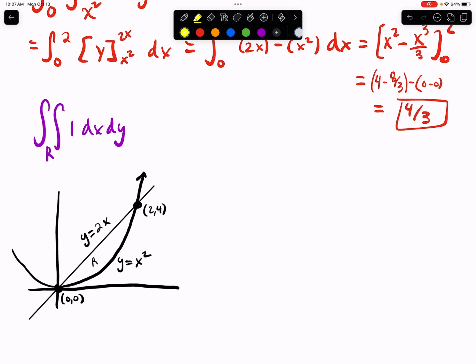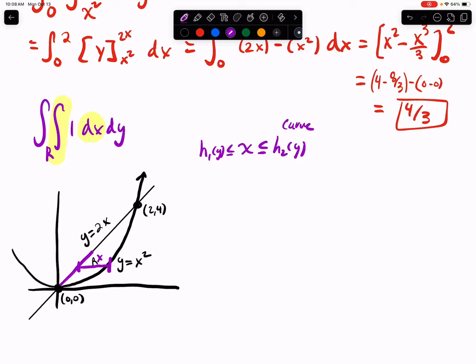Okay, so dx dy. So for dx, I need curve to curve. x is from curve to curve, so that's h1 of y to h2 of y. The x value ranges from what to what?